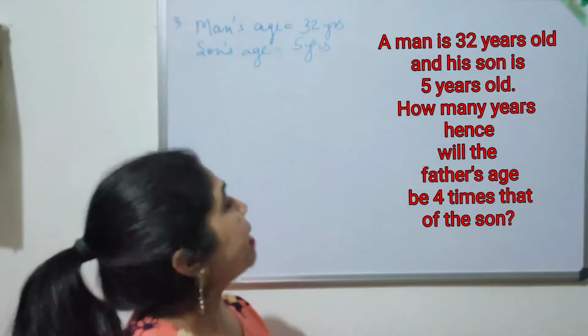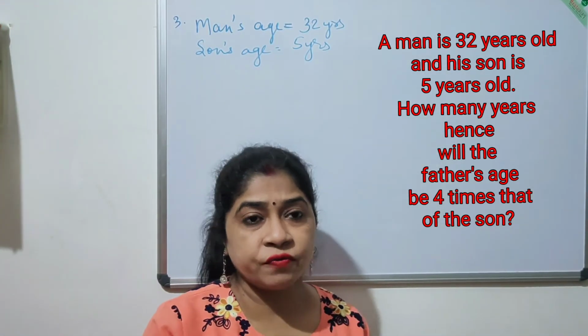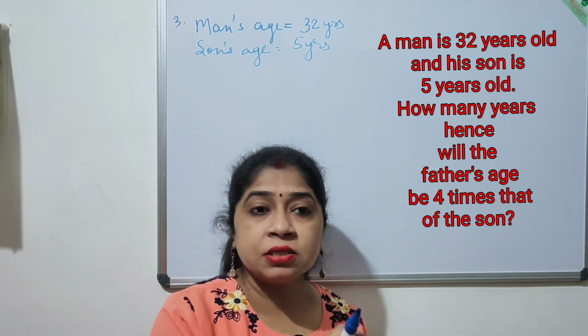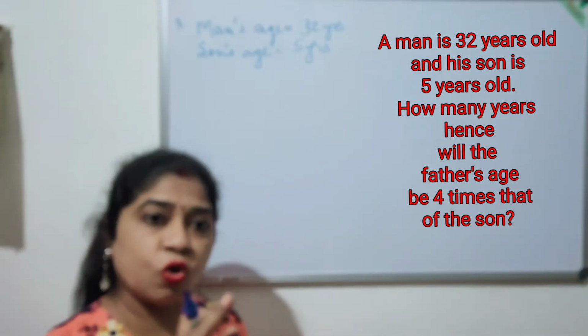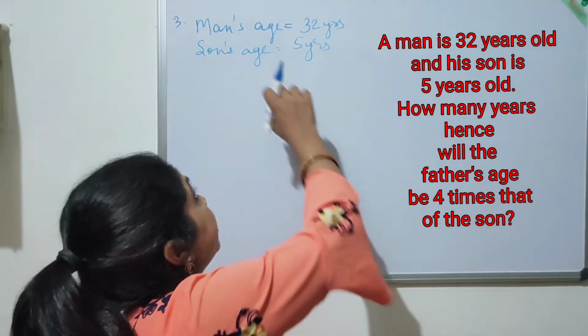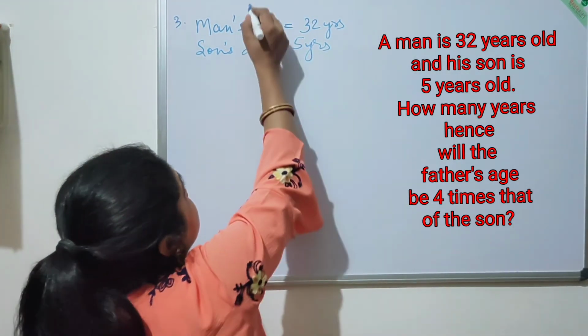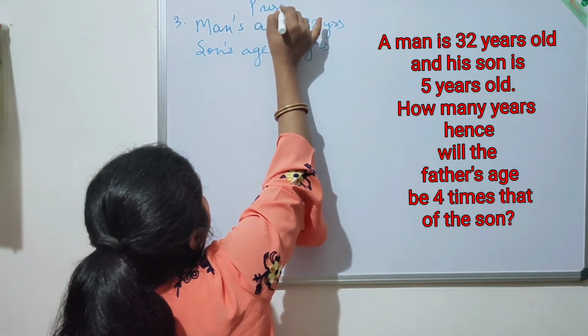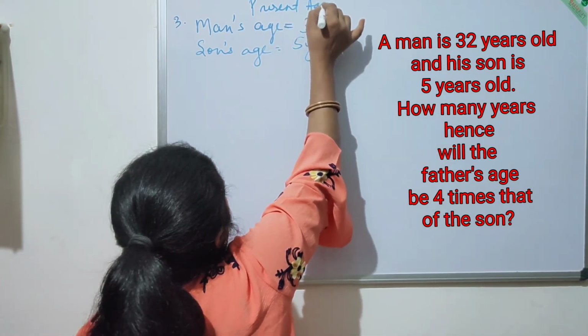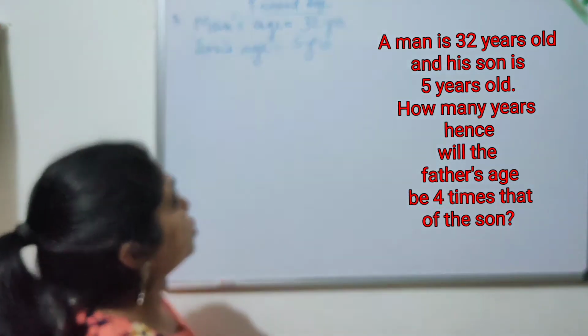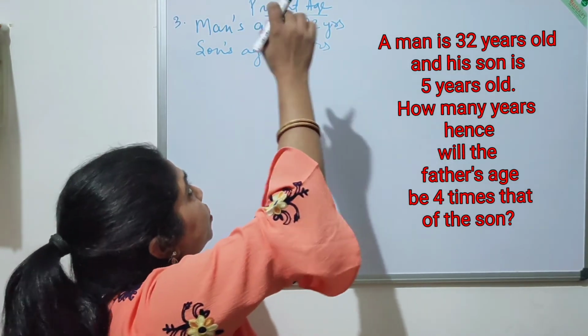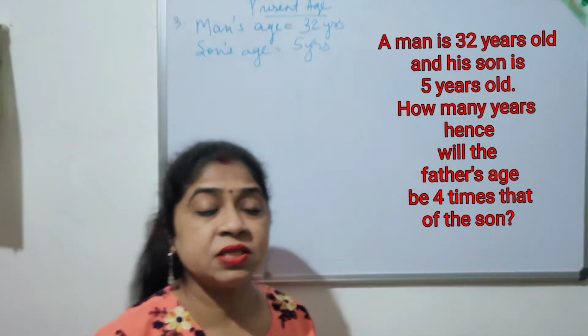Age of the man is 32 years and age of his son is 5 years. This is the present age of the man and the present age of the son. Man's present age is 32 and son's present age is 5 years.